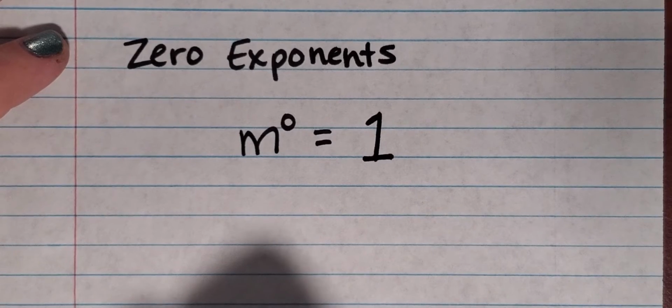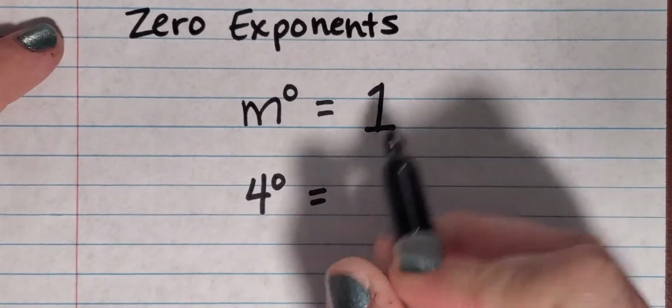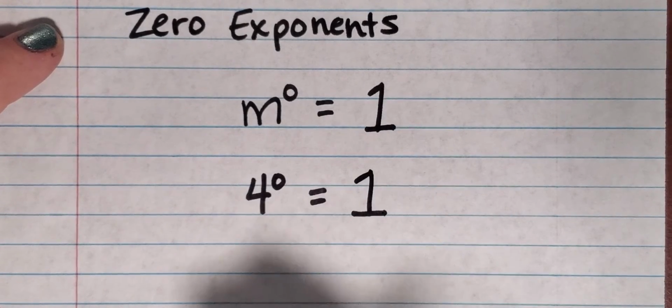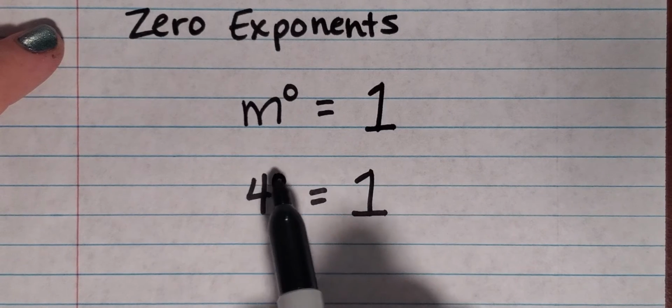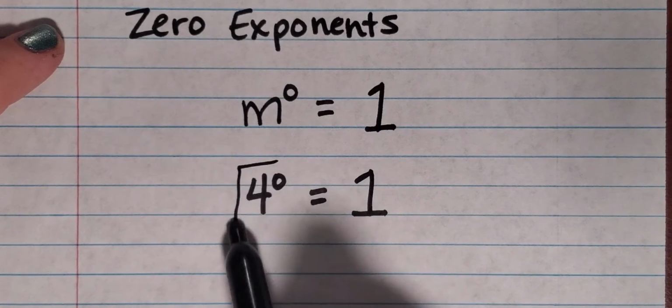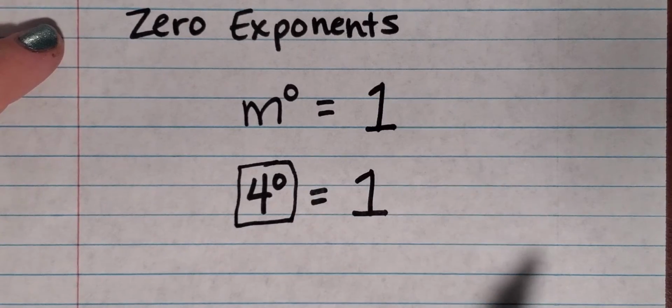That's it. So if I have 4 to the 0 power, that is still just going to be 1. So anytime that I have a 0 as an exponent, I know that this entire term, base and exponent, would change into just a plain old 1.